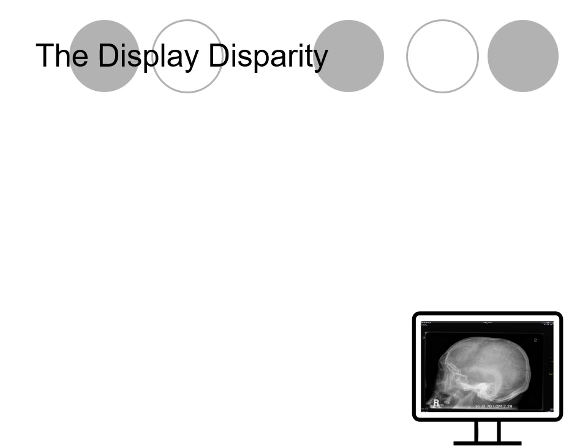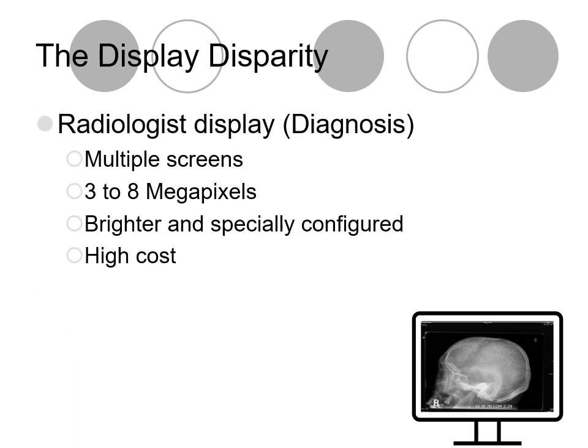Finally, keep in mind that the display that is part of your imaging system is far inferior to the one used by your radiologist. Technique imperfections will be more apparent to them than to you. A radiologist's diagnostic setup may include multiple screens, and each screen will range from 3 to 8 megapixels.